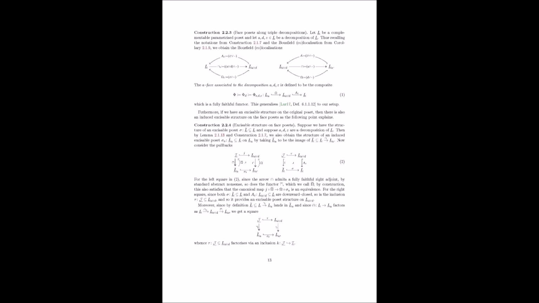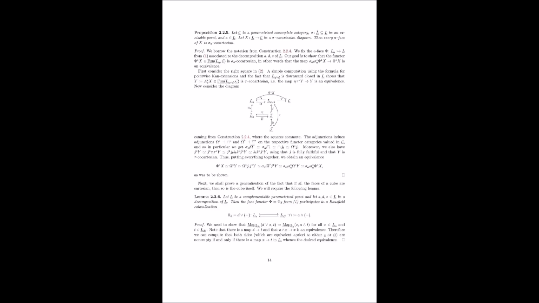So we start with an arbitrary functor F from C to D. The first step, represented by L, is a way to lift F to a functor between categories of diagrams indexed by L. The second step takes a diagram in C indexed by L and transforms it into a co-Cartesian diagram.